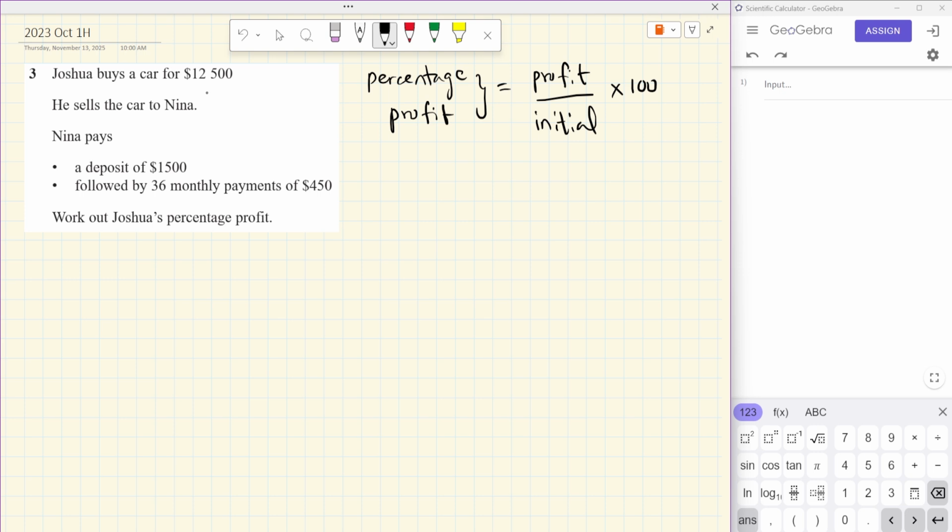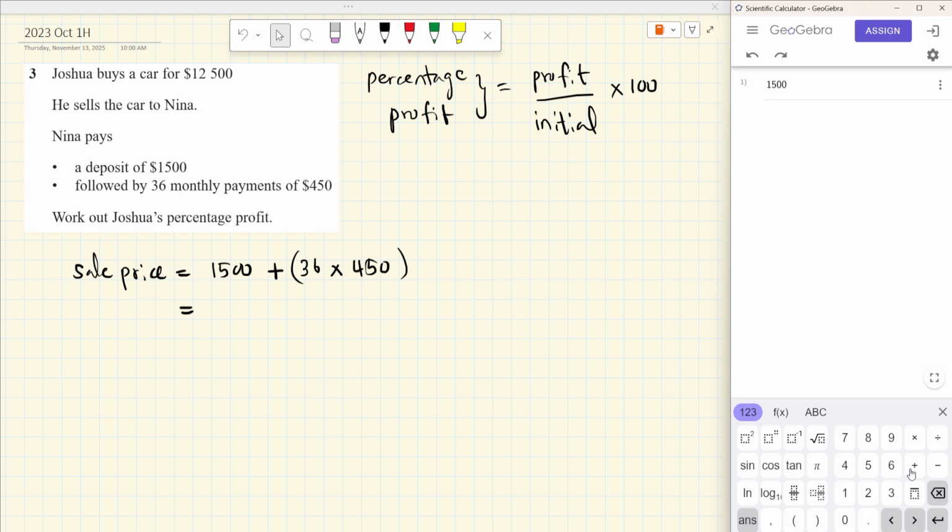Now we need to find what is the total selling price of the car by Joshua. How do you find it? Sale price equals, they say, 1,500 initial plus 36 monthly installments of 450. Let's put this into the calc. 1,500 plus 36 times 450.